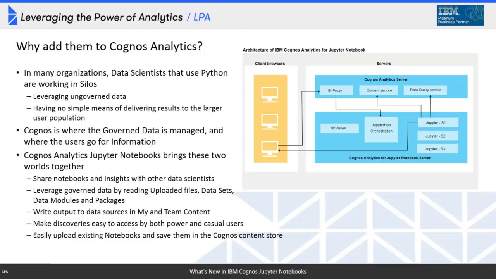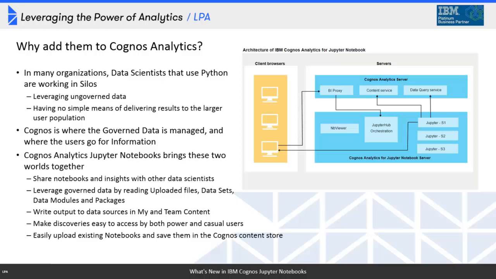In many organizations, data scientists that use Python to do these advanced things are working in silos. Many times they're leveraging data that is not governed. It's not coming from, let's say, one of our Framework Manager packages or from a data module.